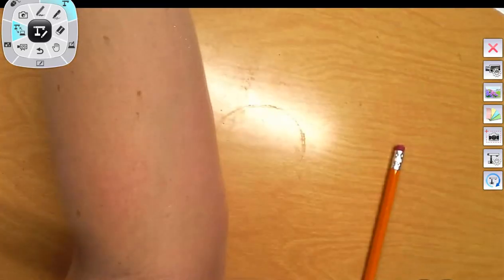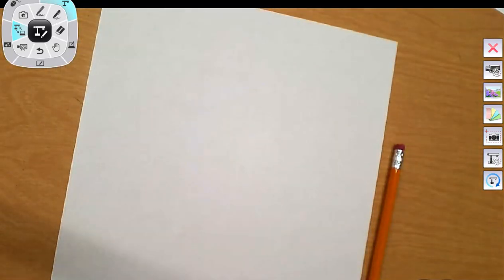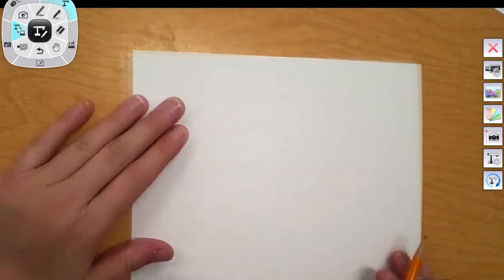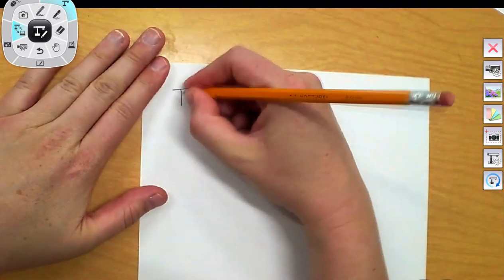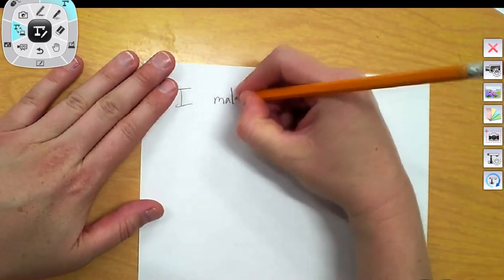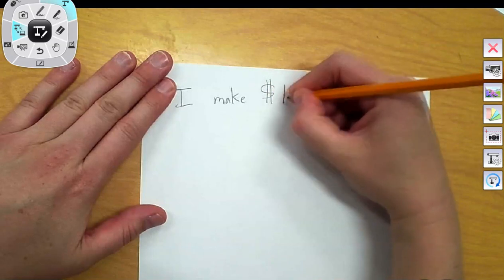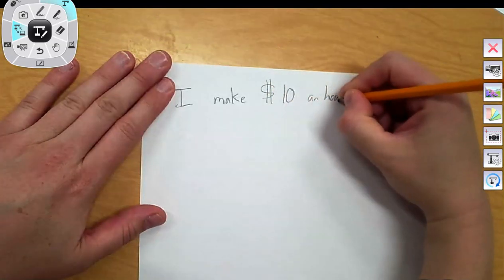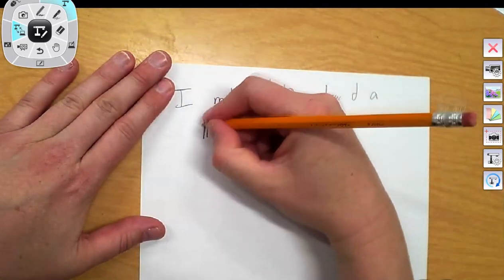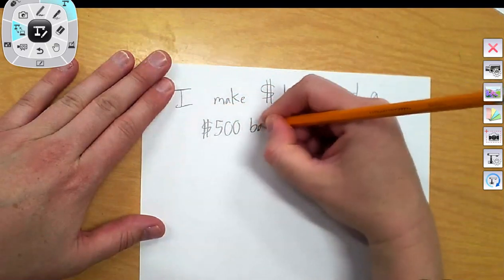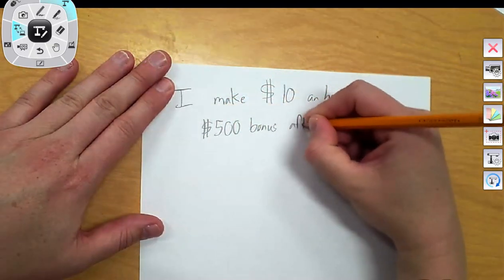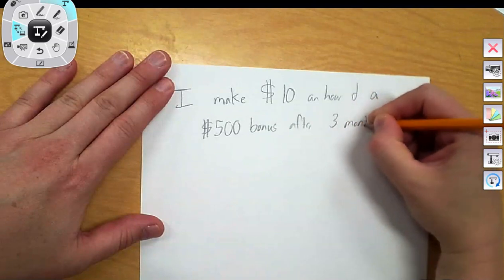All right, the last thing from this unit was if you have a story problem. A story problem would be, I make $10 an hour and a $500 bonus after 3 months.